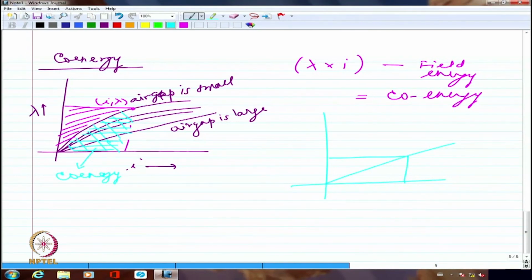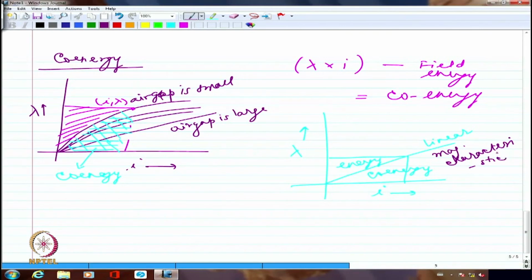Because of which, this is my energy, whereas this is co-energy, and this is the plot of lambda versus I. And this is a linear curve, a linear magnetization characteristic.